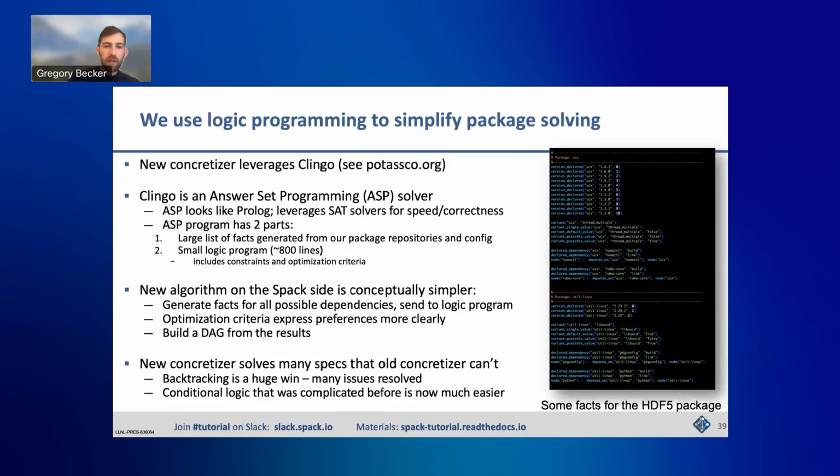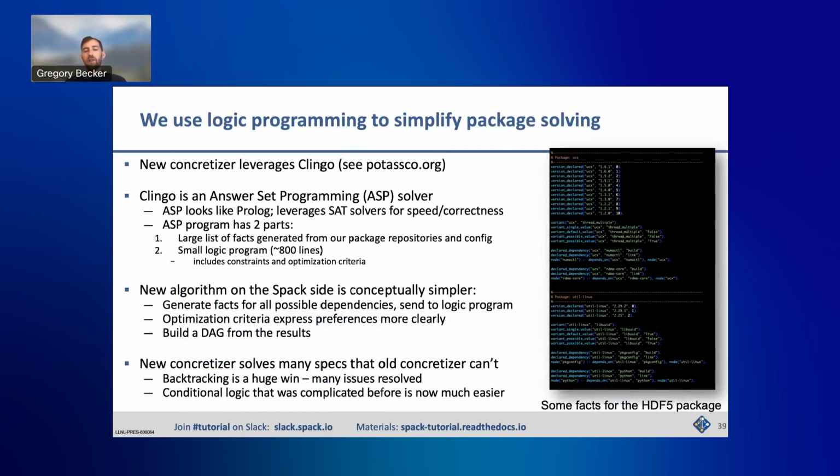So the quote-unquote new concretizer in Spack, which has been around in various forms for quite a while now, is implemented in answer set programming. Clingo is the specific ASP solver that we use. And ASP is a logic programming language, looks kind of like Prolog, but has the additional benefit of being guaranteed to terminate.